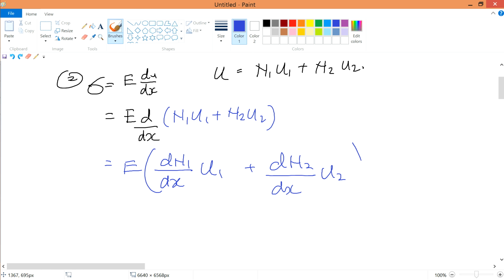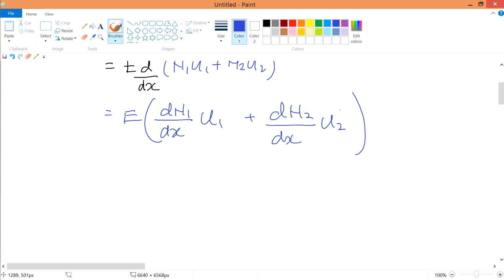Then I can simply rewrite them in terms of a matrix. I'll just keep this E over here. I can rewrite this in terms of a matrix. We know that the strain-displacement is equal to dN/dx, so in this case we just write it as B1 and B2.